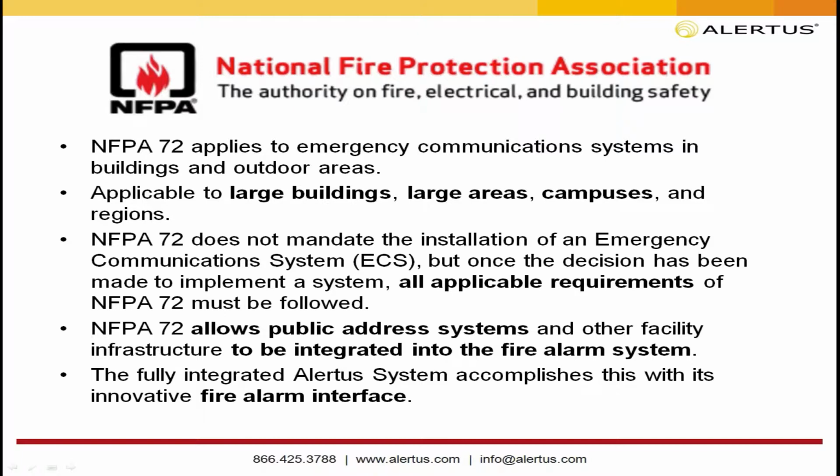As Ryan stated earlier, back in 2010, Chapter 24 was included, where it specifically spoke about mass notification because they saw the writing on the wall and how mass notification was definitely going to be necessary, not just for fire alarms, but also for a code that needed to be able to administer different scenarios like active shooters, inclement weather, things like that. So that's what the Chapter 24 part of NFPA 72 was requiring.